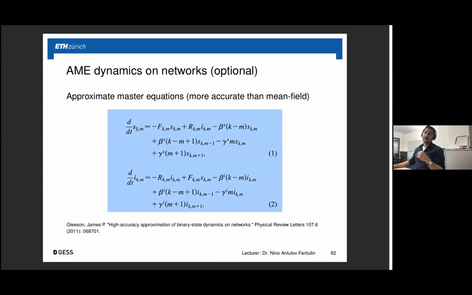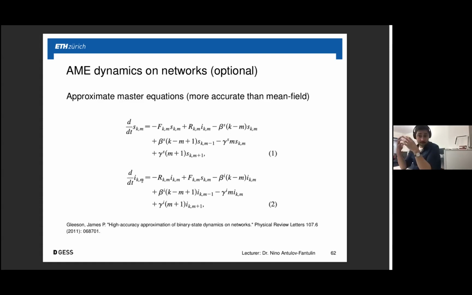If it's epidemic spreading, then S would say what is the probability of having a node that has degree K, and out of these K nodes we have M infected nodes, and also what is the probability that we have a node that has degree K and out of it M nodes are infected, or in a certain other state.